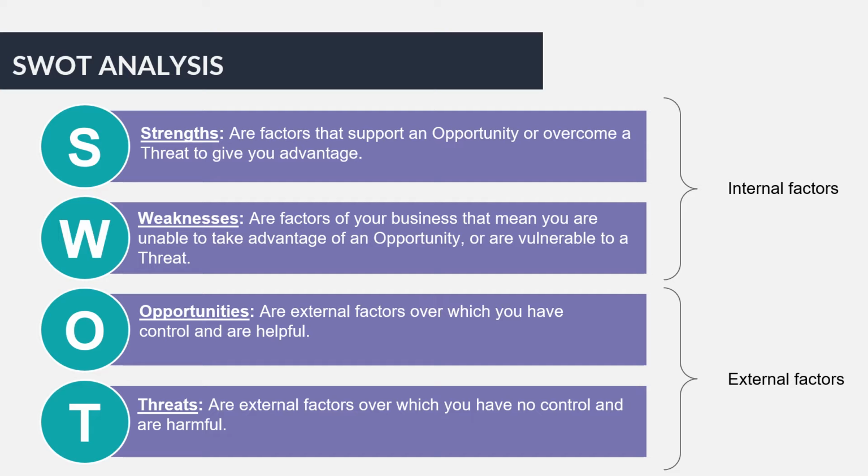Firstly, we should consider that these 4 words are categorized into 2, which are factors in line with either what the organization is good at or the gaps that the organization has. So some of the factors are internal, some of them are external factors to the organization.